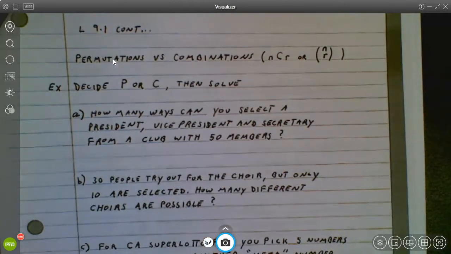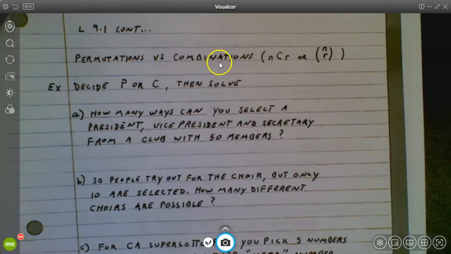Those are not equal in rank, right? So if you have a difference in value or a difference in ranking, that also symbolizes a permutation, right? So those are all kind of keywords. So permutations would mean definitely a difference in value, a difference in order, difference in ranking. If you're talking about medals in the Olympics, gold, silver, bronze, those are different in value, different in rank, and so those would be a permutation.